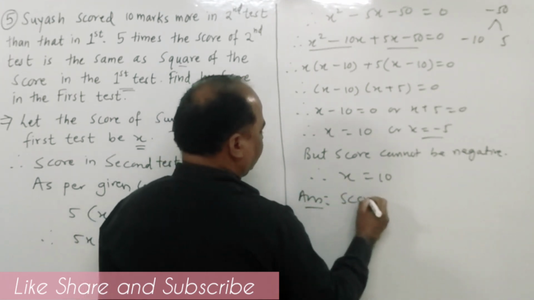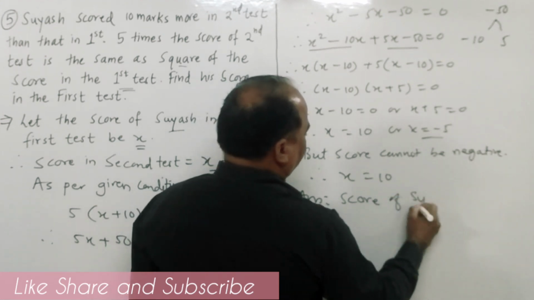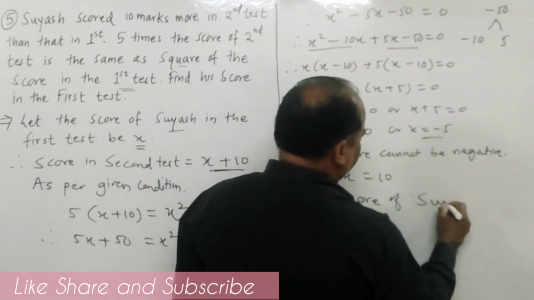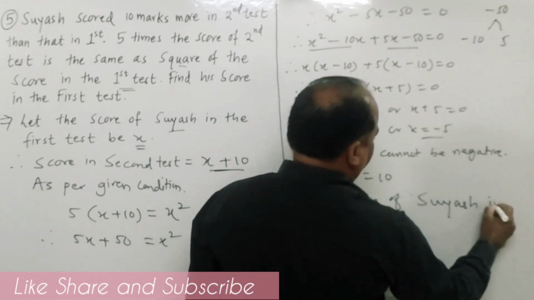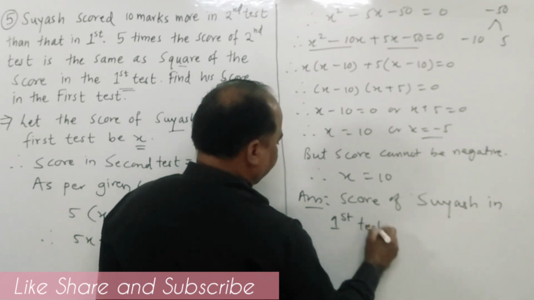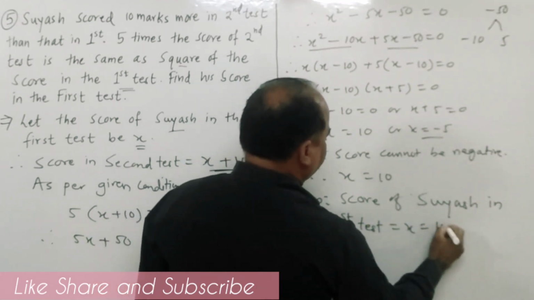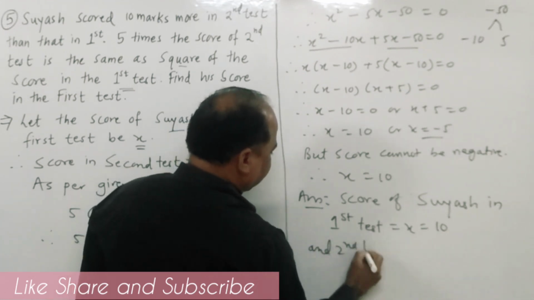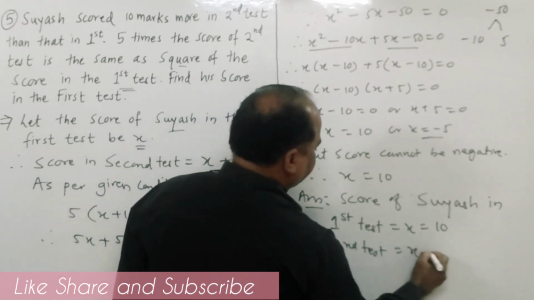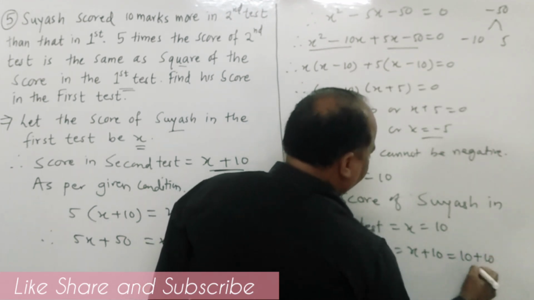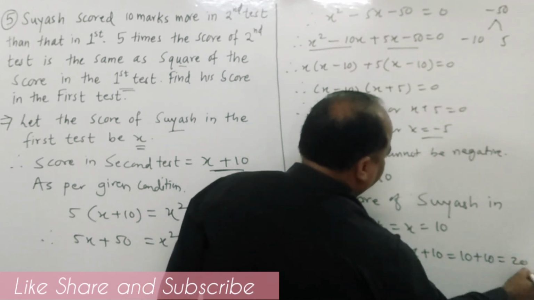So, score of Suresh in first test is equal to x, which is 10, and second test is x plus 10, which is equal to 10 plus 10, which is equal to 20.